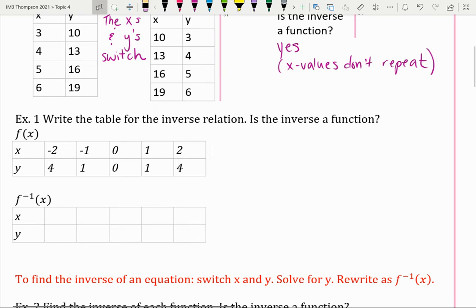So here's just another example for us to do on our own. Write the table for the inverse relation, and then is the inverse a function? This table is just written horizontally to give you a different perspective.